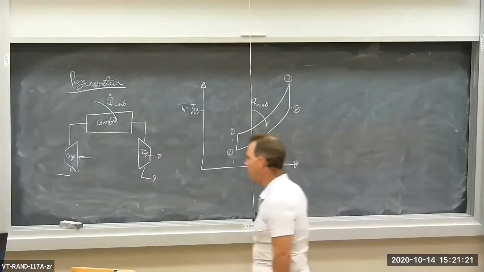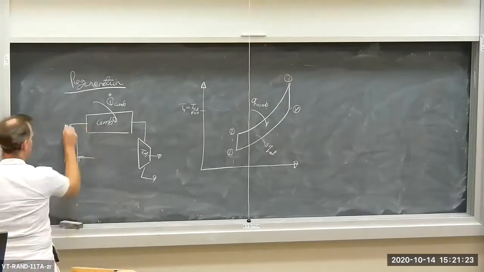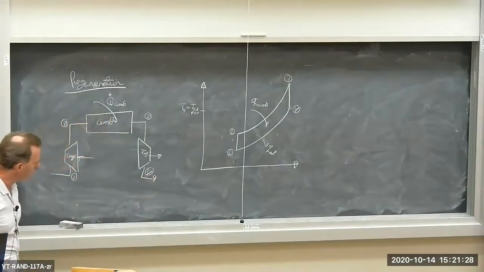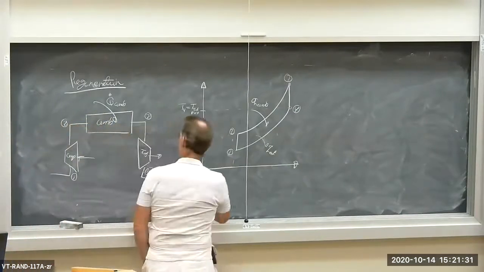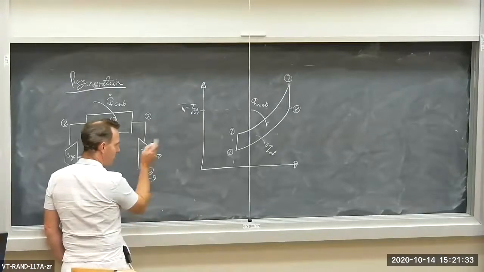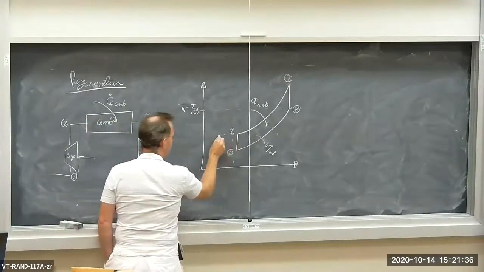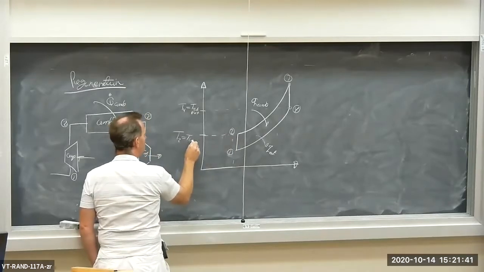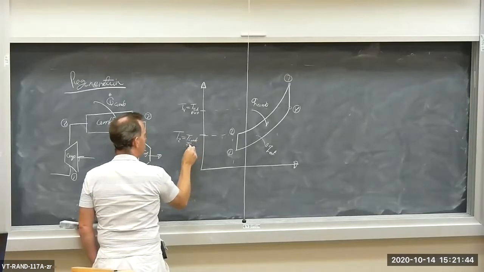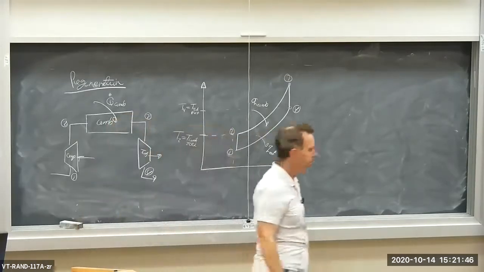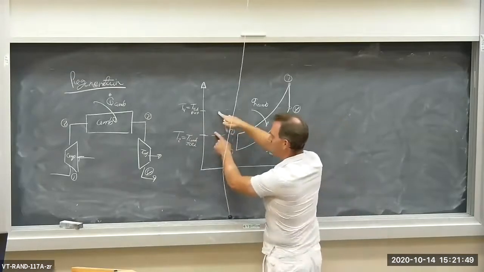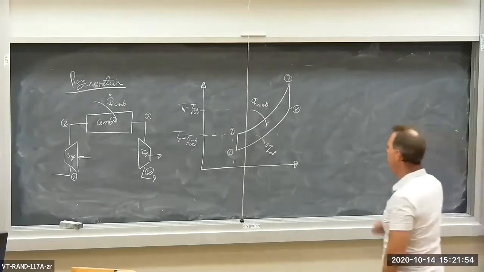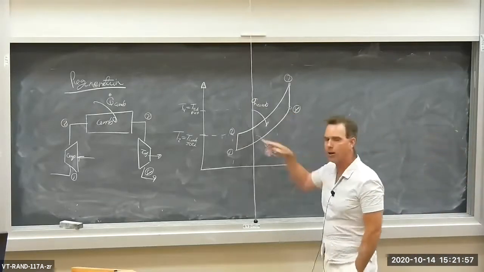The states, state 1, 2, 3, and 4. Now I want you to notice something here. The turbine exit temperature in this particular diagram is actually greater than the combustor inlet temperature. So T2 is T combustor inlet. There's a temperature gap here between the combustor inlet and the turbine exit. The turbine exit temperature is a lot hotter than the combustor inlet temperature.